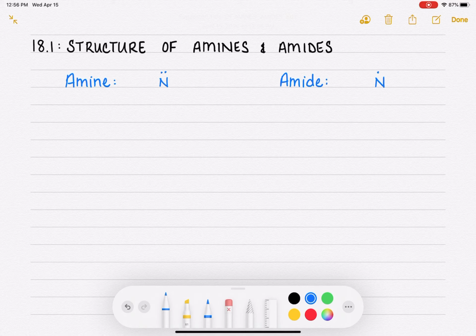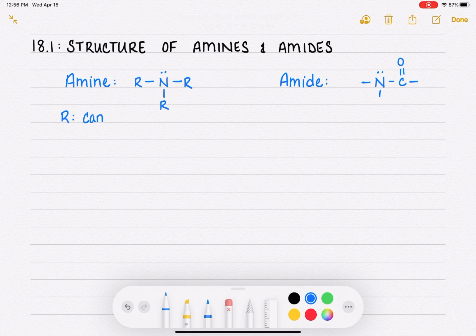And the nitrogens have 3 bonds and 1 lone pair. The amide has its nitrogen attached to a carbon-oxygen double bond, and the amine does not. In the amine, the nitrogen is attached to 3 things. I'm abbreviating them as R.